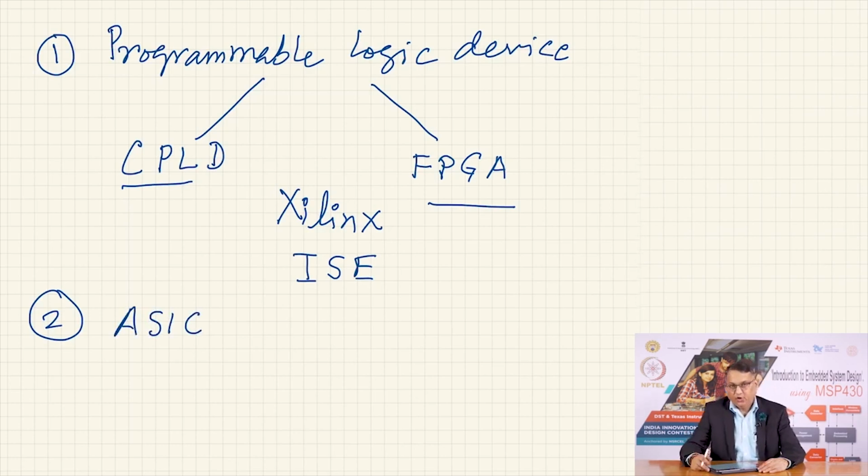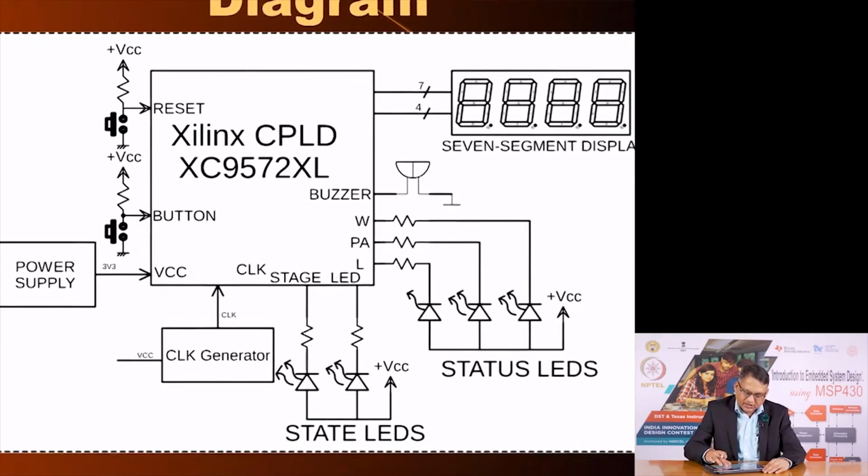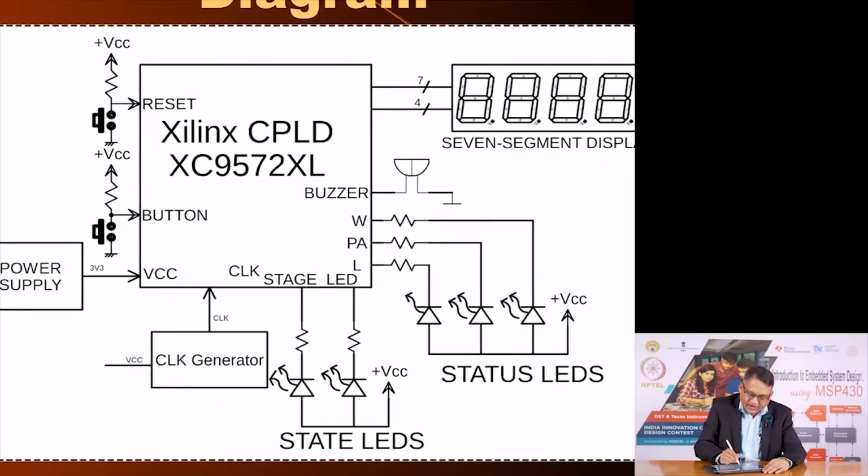Now, what we are going to show is how to take the code that we have written, compile it using an appropriate compiler, in this case the Xilinx ISE, and we will show implementation using a CPLD. This is the block diagram of the implementation. As you see, here is a Xilinx CPLD XC9572.